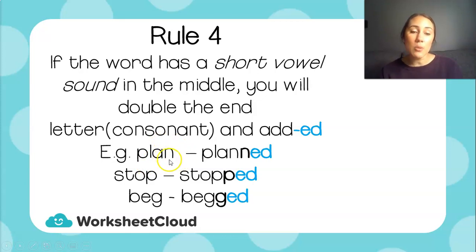I'm going to double my consonant and add ed. So plan will be planned. Today I plan a lesson. Yesterday I planned. Stop, stopped. Beg, begged. All of these words had short vowels in the middle and they end on a consonant.